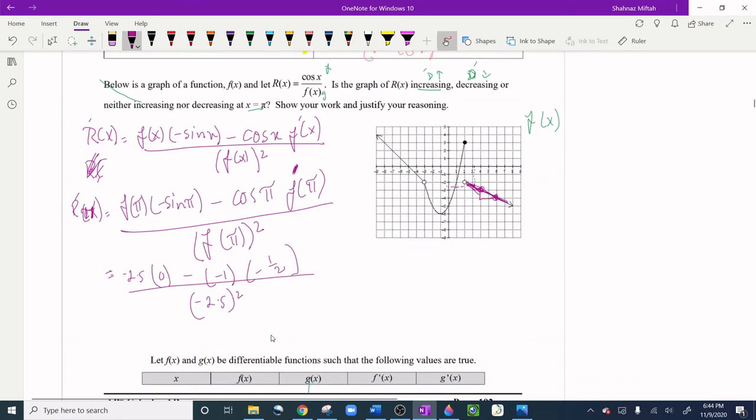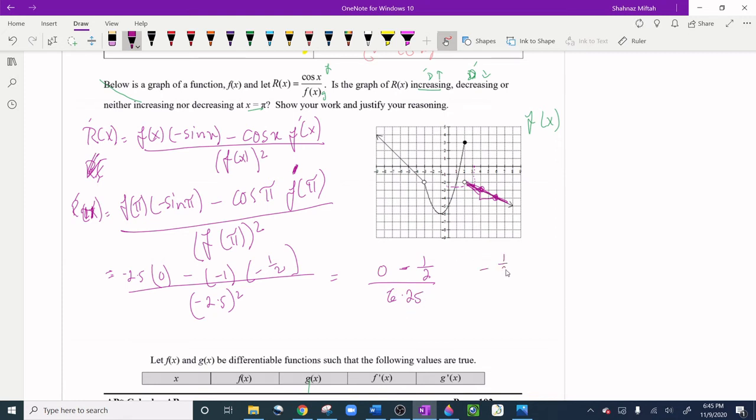Now the first term turns 0. Negative times negative is positive, positive times negative is negative. So I got negative one half, and in the bottom I have 2.5 squared. I'm going to use my calculator to square 2.5. It's going to give me 6.25, positive.